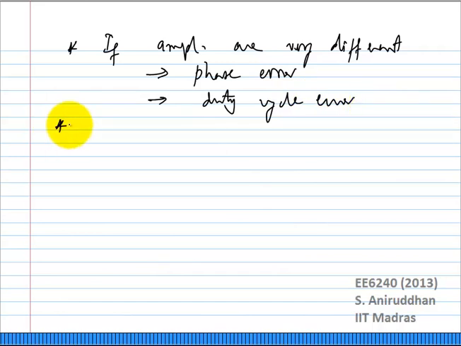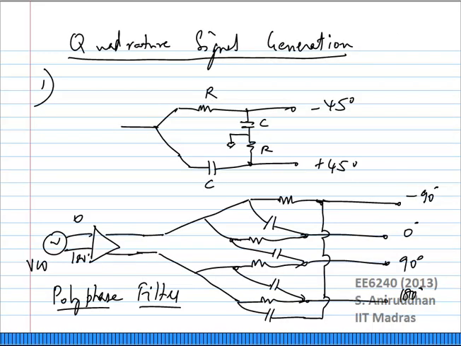Now, apart from that, there is a second problem. When you design these kinds of polyphase filters, you have to choose the values of R and C. All we have seen so far is that you have an R and a C, and you choose them for plus minus 45 degrees, and the amplitude matching happens at a certain point. If you double the R and halve the C, you get the same performance.